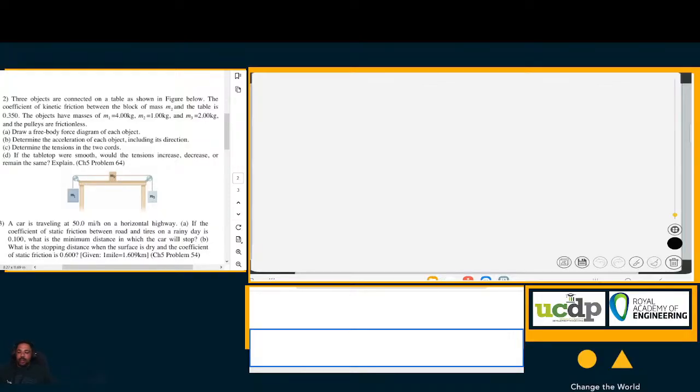So here, what do we have here? Three objects are connected on a table as shown in that figure.